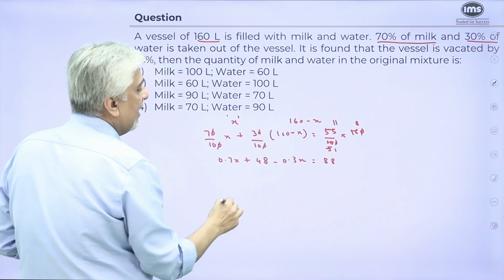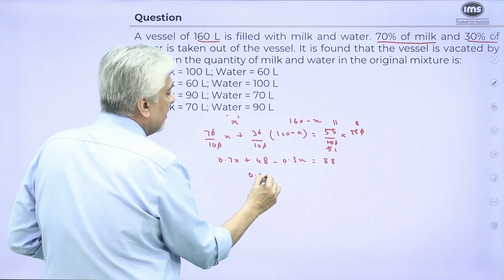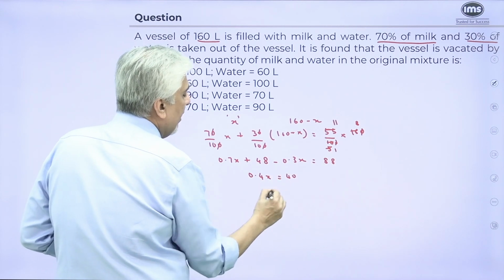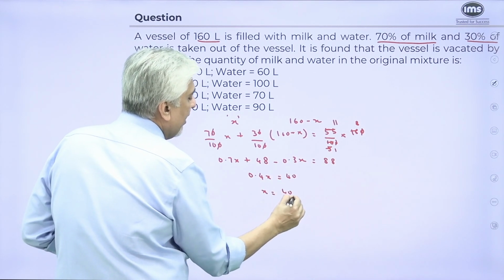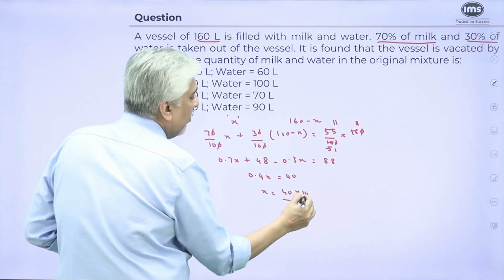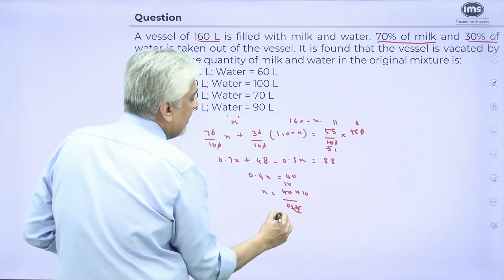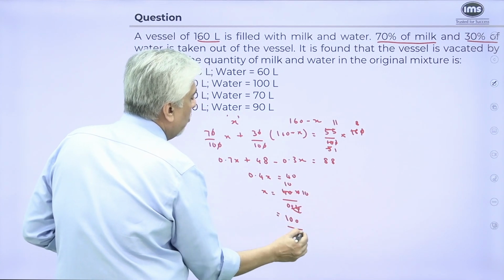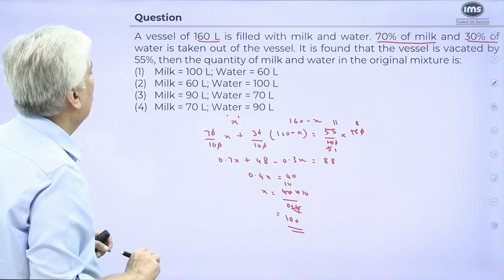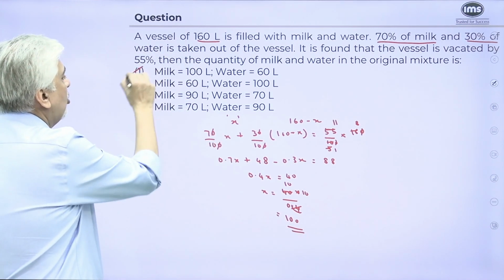Take 48 on that side. 0.4x is 88 minus 48, which is 40. X is 40 divided by 0.4, which is 100. So initially milk was 100 and water will be 60. Answer will be the first option.